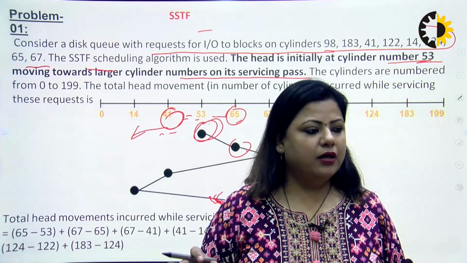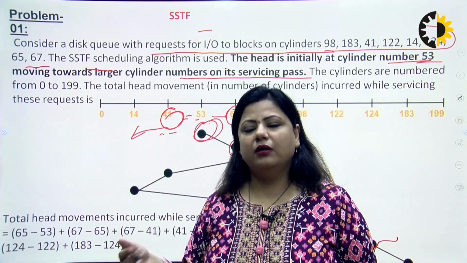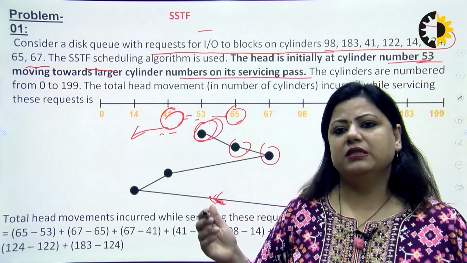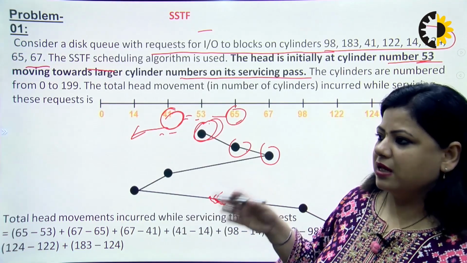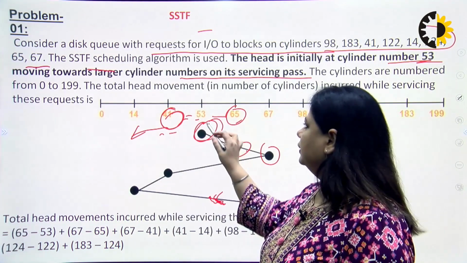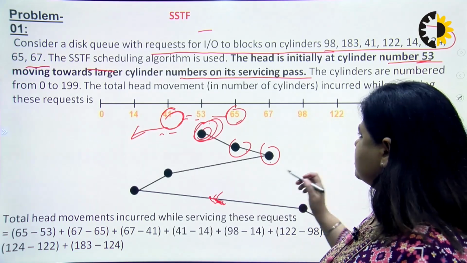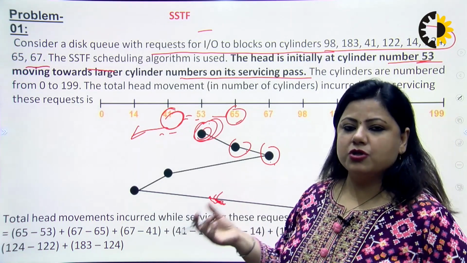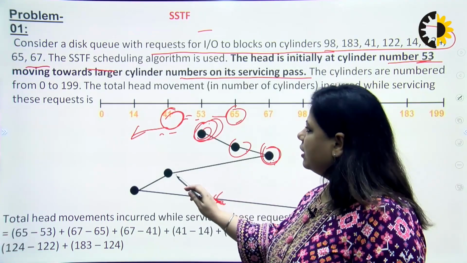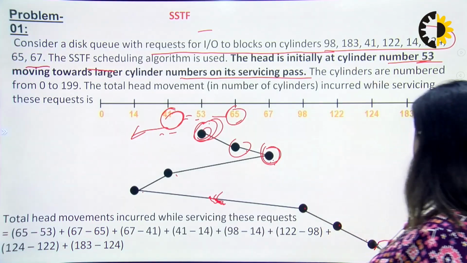Now we move from 53 to 65, and after 65 to 67, and the shortest distance of head movement from 67 is to 41, and after that 41 to 14, and now 98, 122, 124, 183.